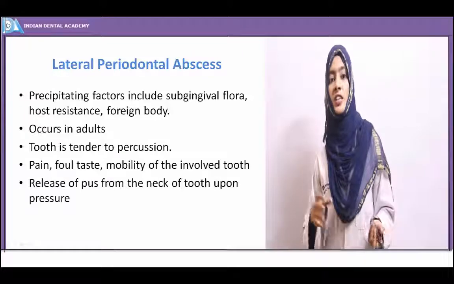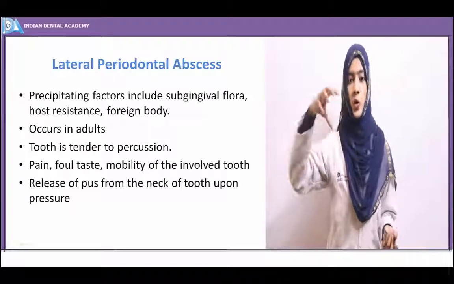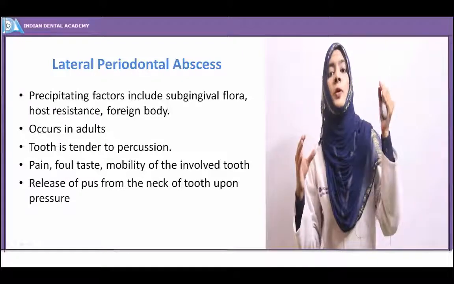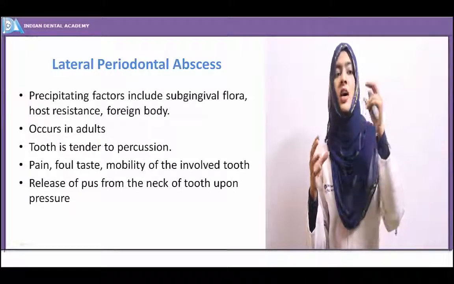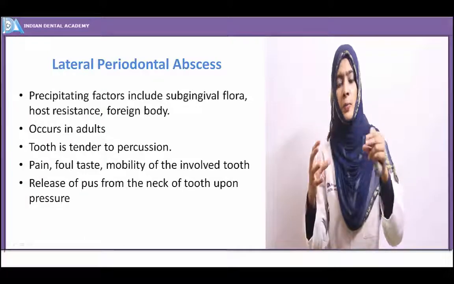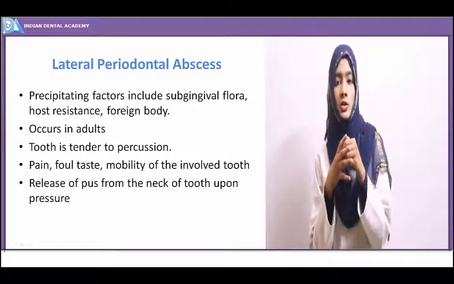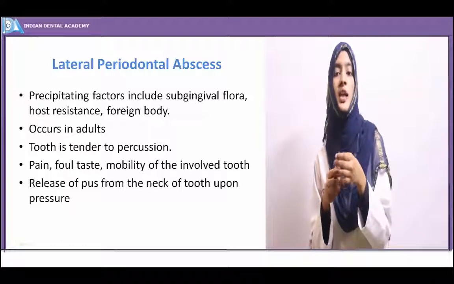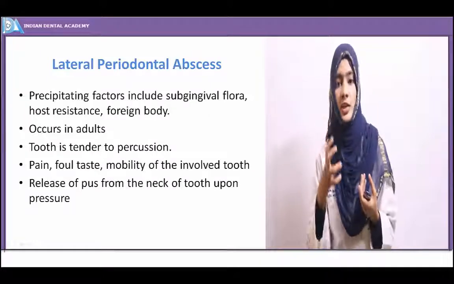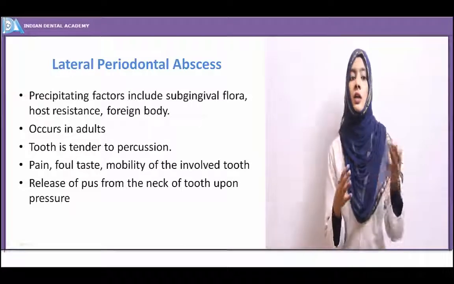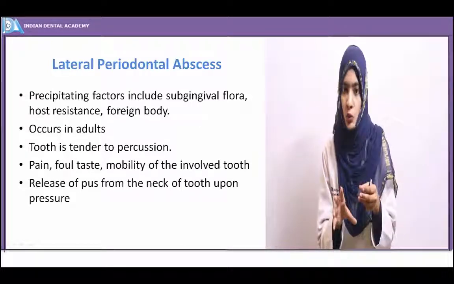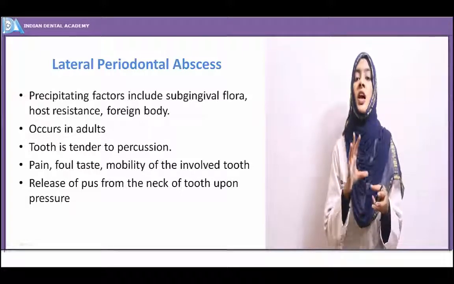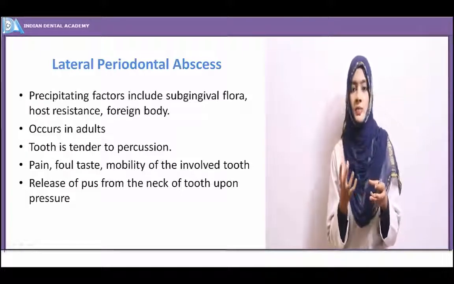What happens is, once the gingivitis progresses to periodontitis, there is formation of a periodontal pocket, and for some reason, the occlusal surface of the periodontal pocket is just occluded, though there is an underlying pocket, that is, a pseudo pocket is present. The orifice of the pocket is occluded by some food or some restoration, and the underlying periodontal pocket is present.